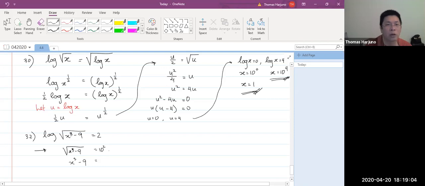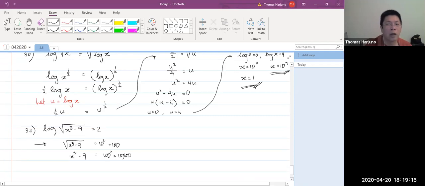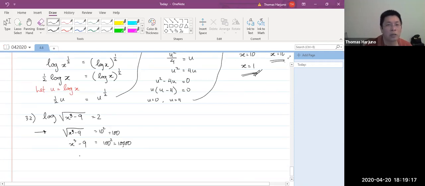When I square it, that becomes 10,000, right? Now I add 9 and take the cube root. So x equals the cube root of 10,009.